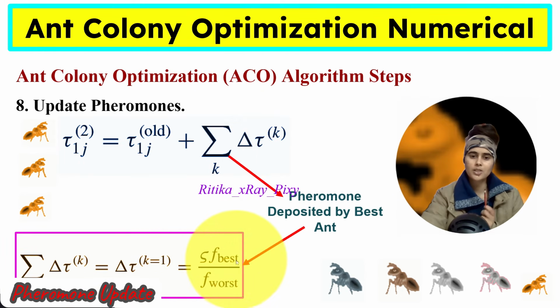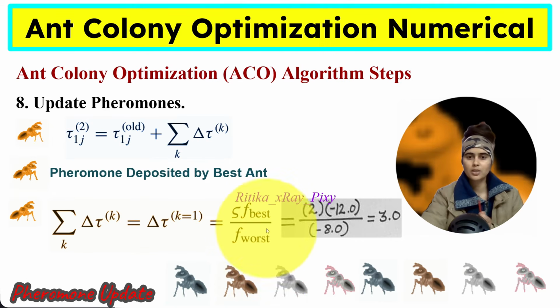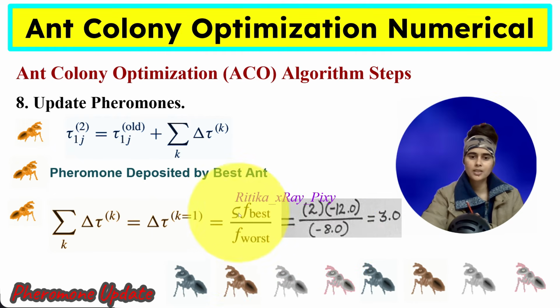Right now we have just one ant that took the best route. So here we put the best ant fitness value. We have minus 12.0 and minus 8.0, and here this is a constant value. So we got the value for pheromone deposited by the best ant, 3.0.